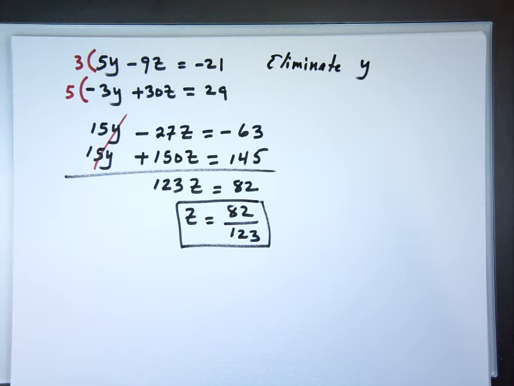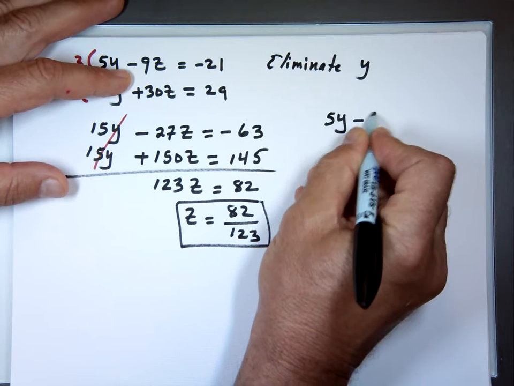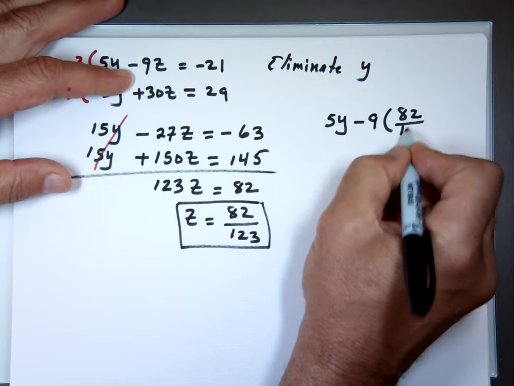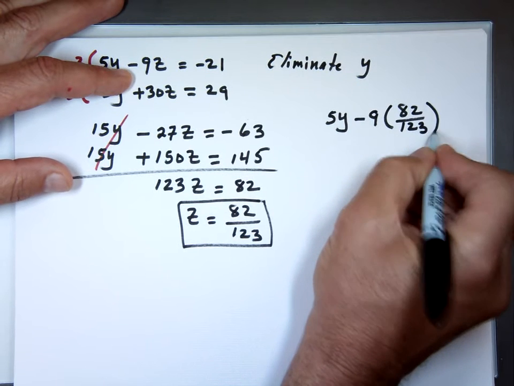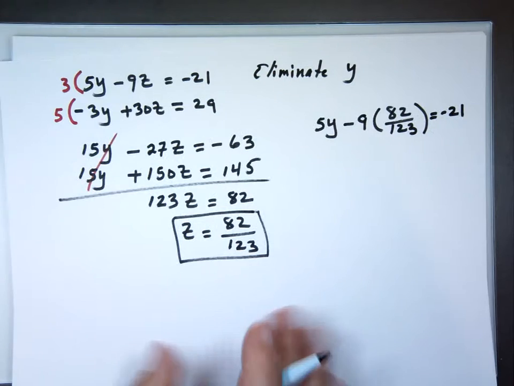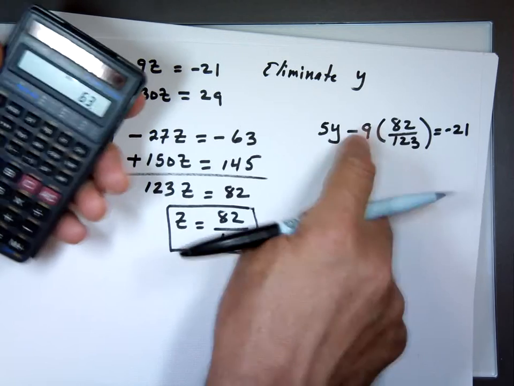Now let's solve for y. Grab either equation. 5y minus 9z, 9 times z, which is what? 82 over 123 equals negative 21. I know both of these numbers. Can you divide 123 by 9?